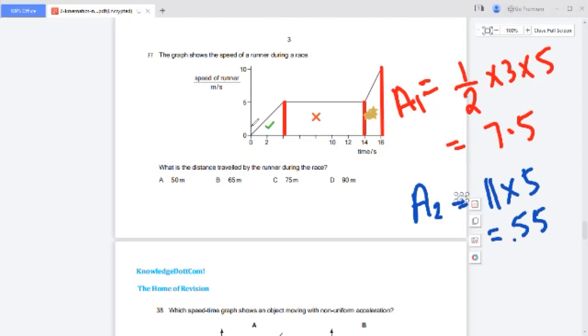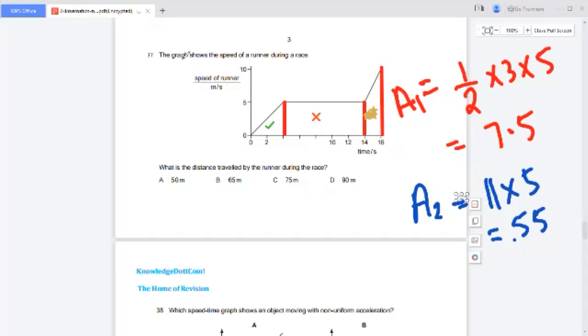Okay, the next is the trapezium. The trapezium area is half the sum of parallel sides times the height. This one is one side and this one is the second side.